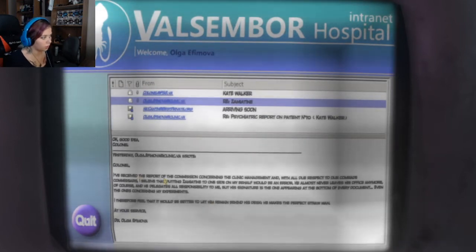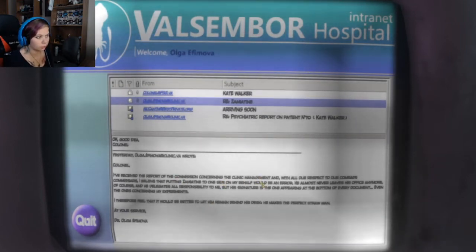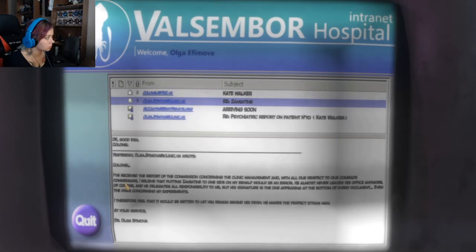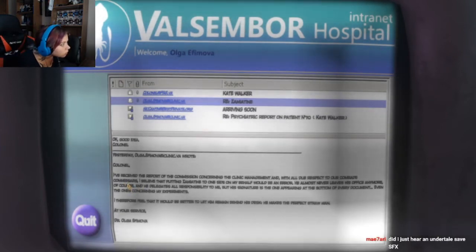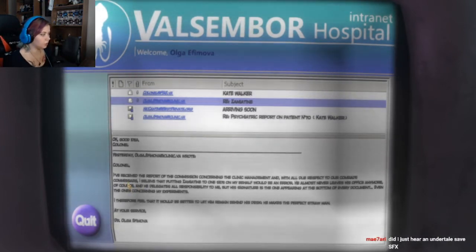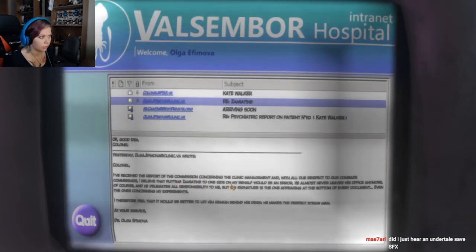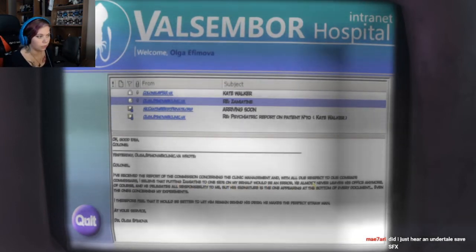I've received the report of the commission concerning the clinic management, and with all due respect to our comrade commission, I believe that putting Dr. Z to one side on my behalf would be an error.